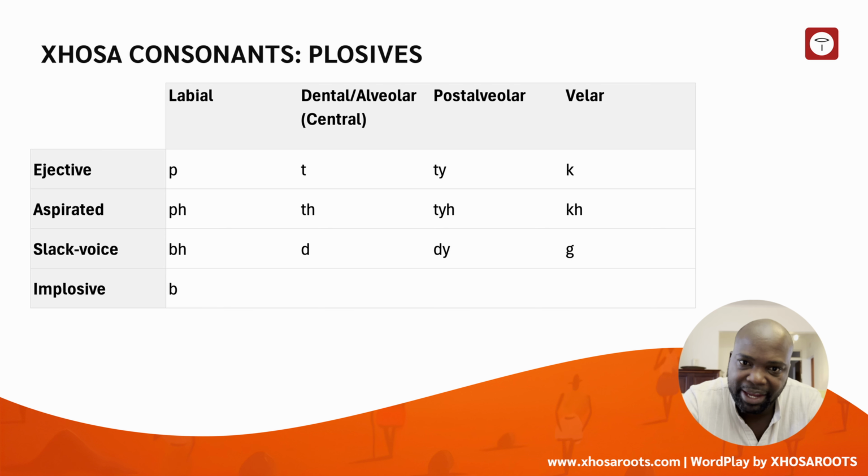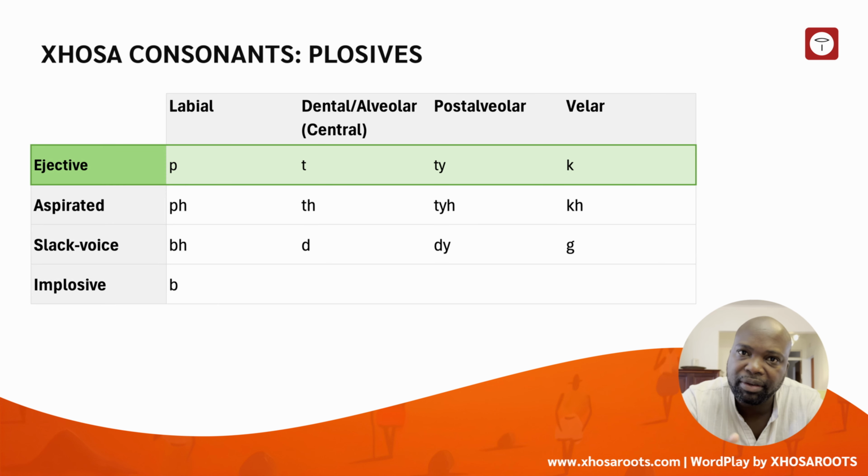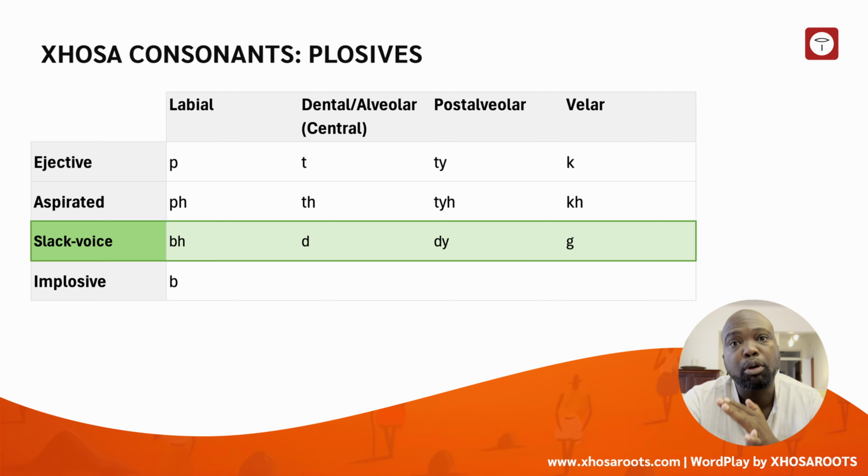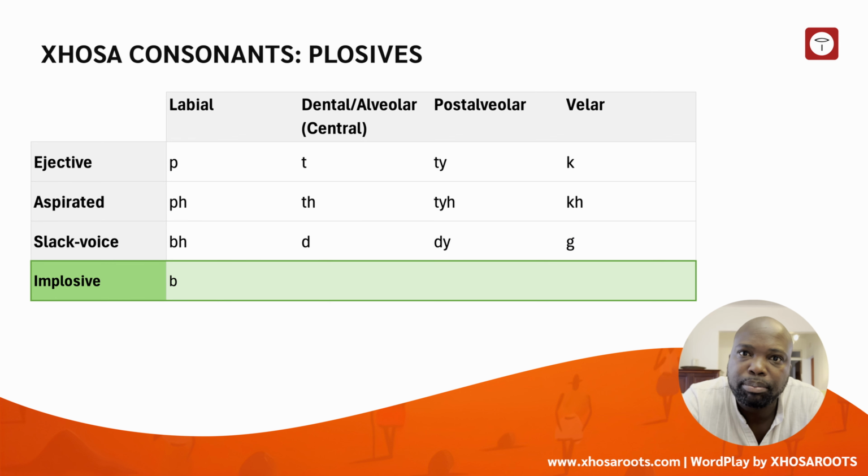So looking at these, we have further categories again beyond these. Each of these will be subdivided further into different types. For example, for the labial, we have the ejective, we have the aspirated, we have the slack voice, and then we have the implosive bilabials.